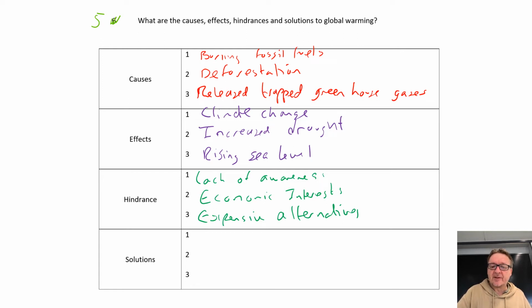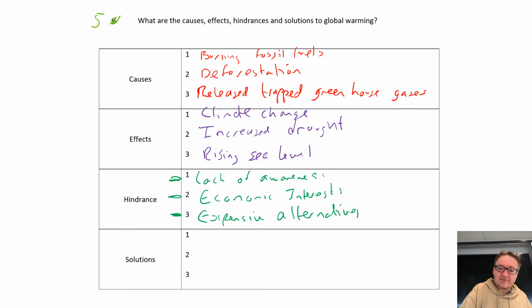But people are either unaware of it. Economic interest means they don't care because there's loads and loads of money that's involved, right? So they're not going to decrease their billions of pounds in the bank so that they can save global warming. And the alternatives to the products that you might have to reduce global warming tend to be more expensive, like electric cars.